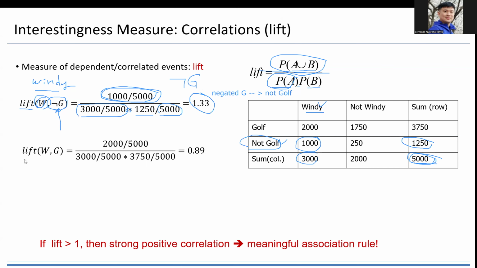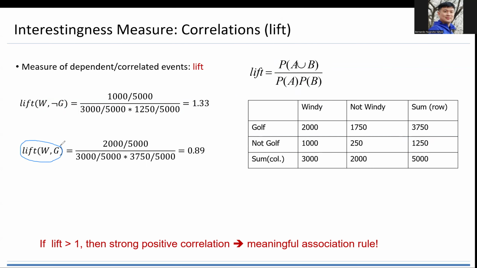Now, let's see the lift for W and G. W means windy and G means play golf. So we have windy and play golf, and there are 2,000.